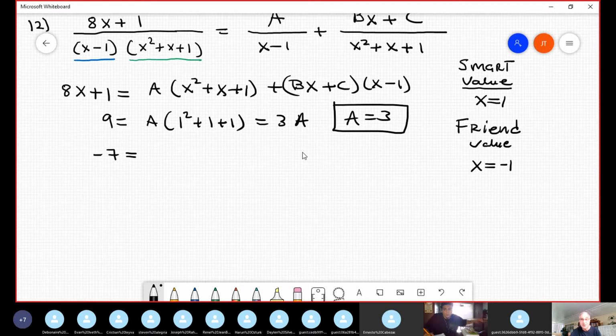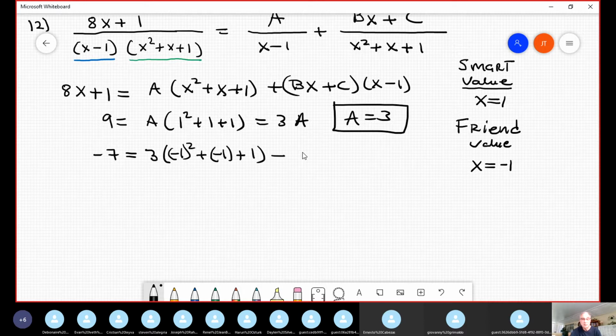But I know that a is 3, entonces 3 times, let me put double parentheses, (-1) squared plus -1 plus 1, plus b times x, which is minus b because x is -1, plus c, and here we have -1, -1, double negative.